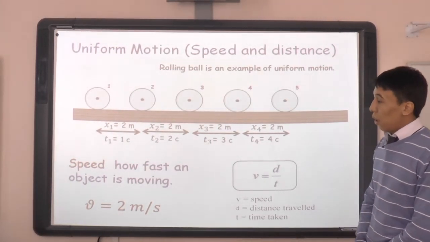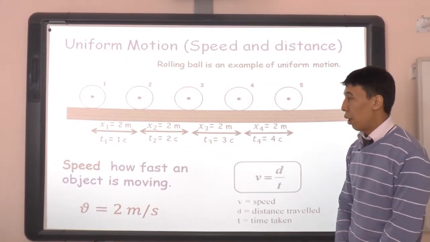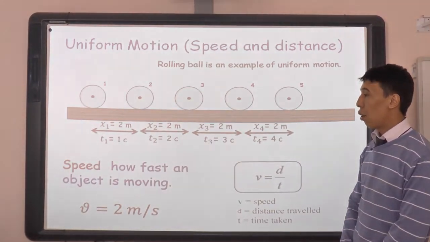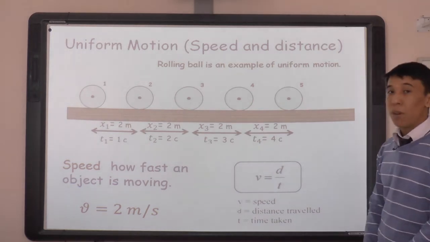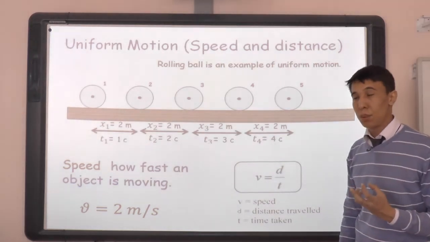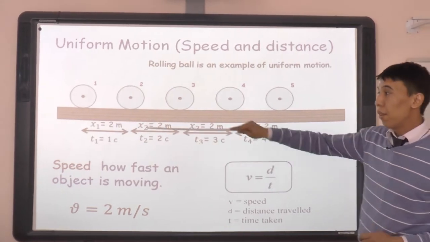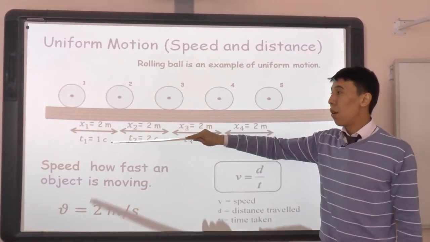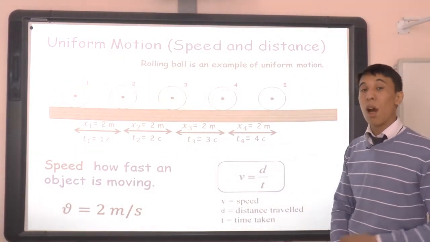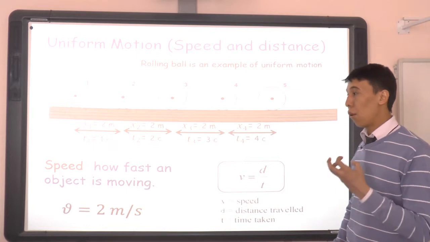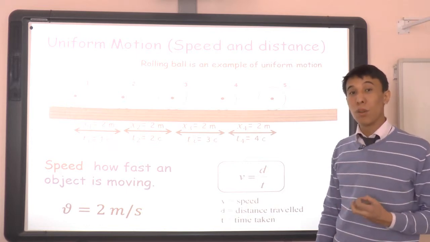Okay, let's look at the definition of speed. Speed is how fast an object is moving, okay? In other words, we should find how fast the object moved. If you divide 2 meters by 1 second, could we find how fast the object moved?